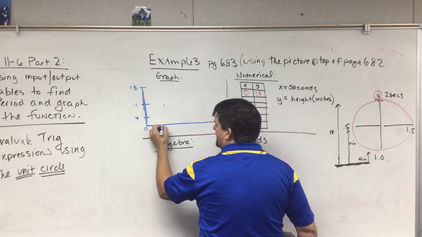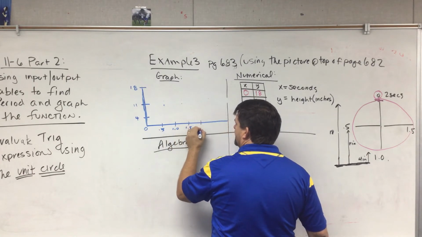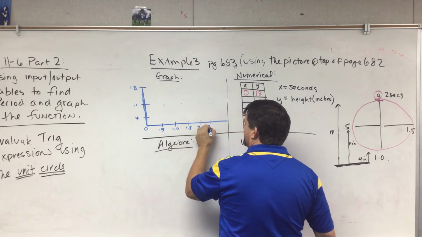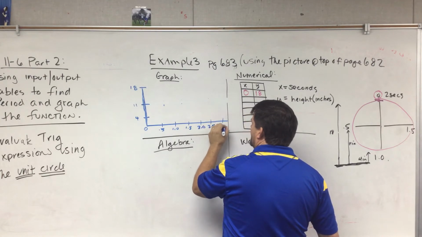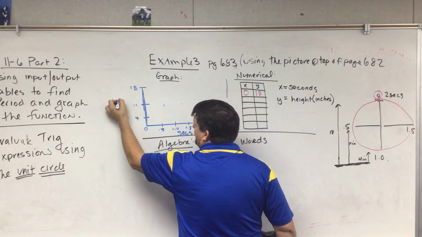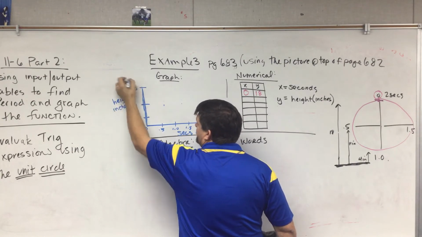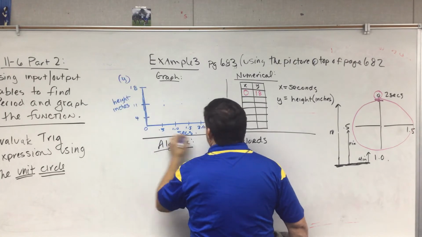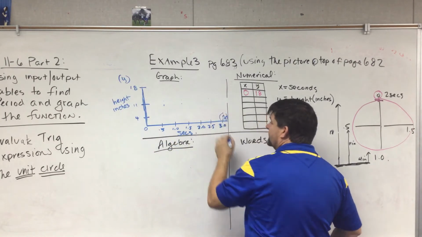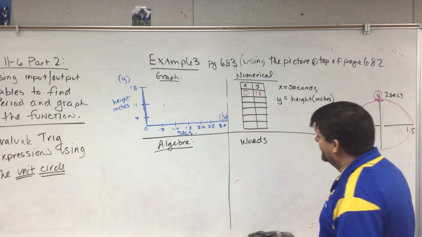And I have 0 seconds, 0.5 seconds, 1.0 seconds, 1.5 seconds, 2.0 seconds, 2.5, and 3. And this is seconds, and this is height in inches. So this is my y-axis, this is my x-axis. So we're still dealing with that stuff. This is where old stuff comes back into play. Hopefully that was a good review for you guys.